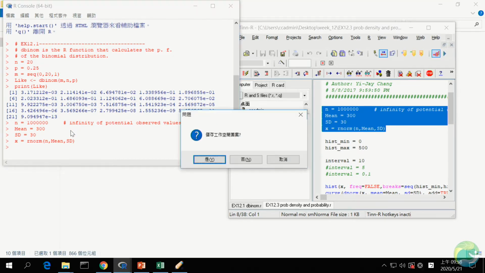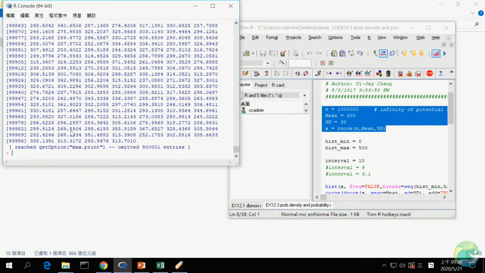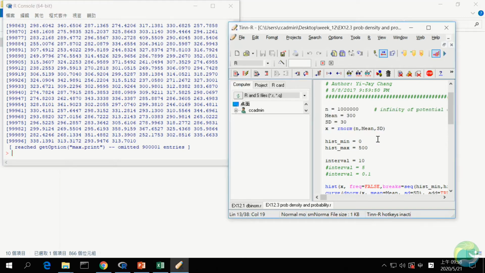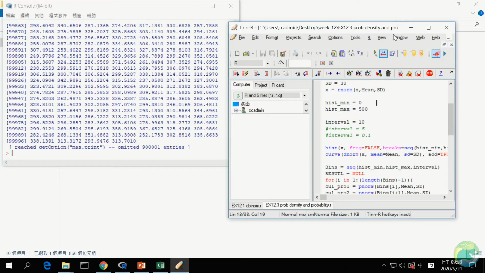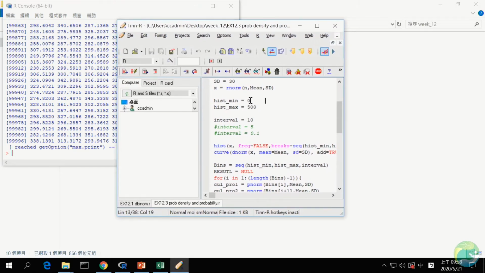So these are the random variables I generated. And then I'm going to define the minimum length interval and the maximum length interval and the bin for the length class.